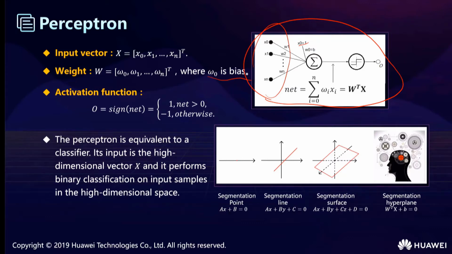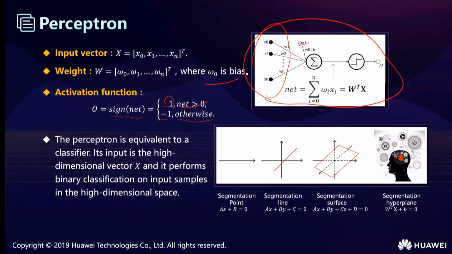For the activation function we use a sign function: when the net input is larger than 0, the result will be 1; otherwise, the result will be -1. It performs binary classification on input samples in the high-dimensional space and decides the result. And how do we get the weights?